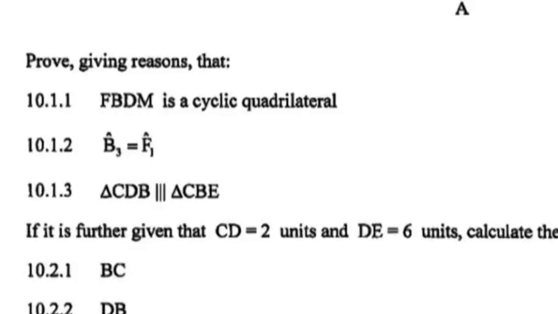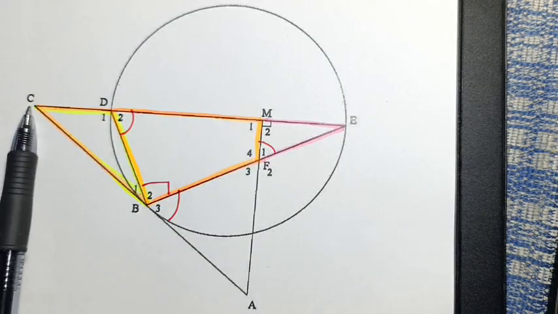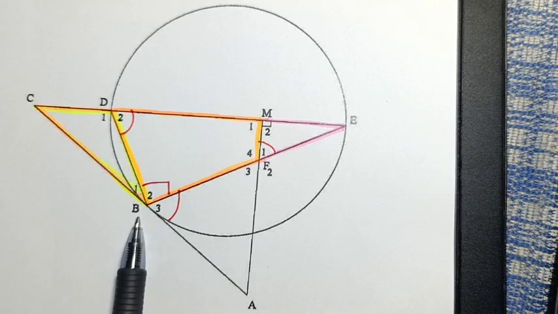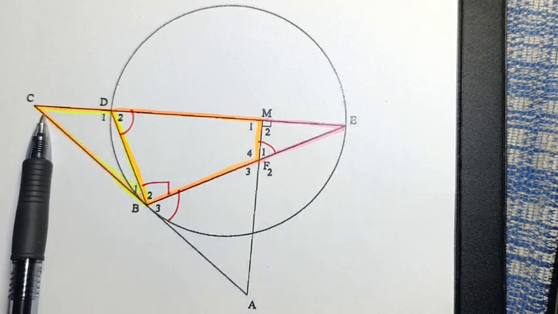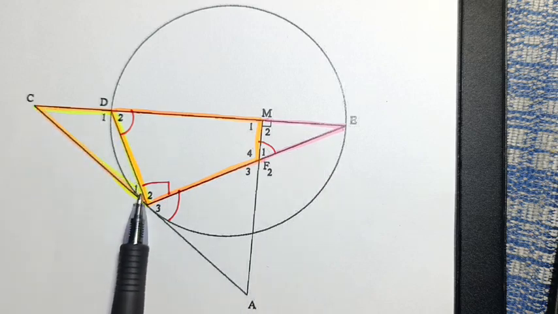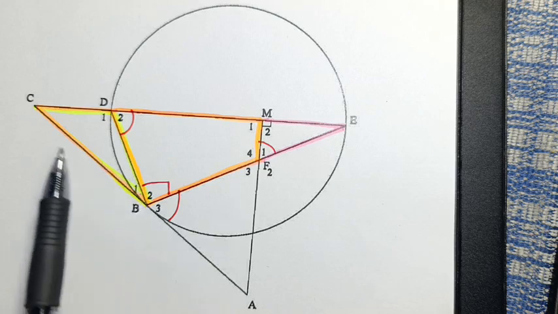10.1.3, triangle CDB is similar to triangle CBE. Now we need to prove triangle CDB is similar to triangle CBE. So this yellow one is similar to the pink one, the main one.